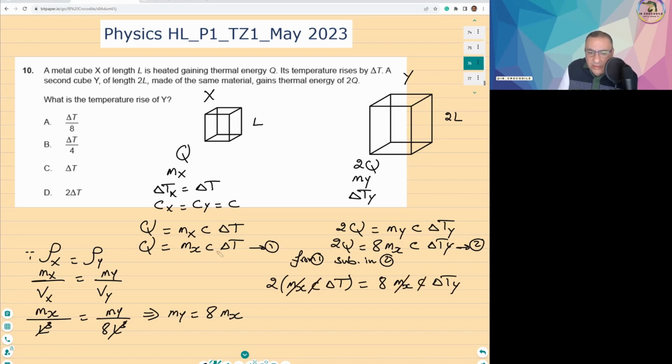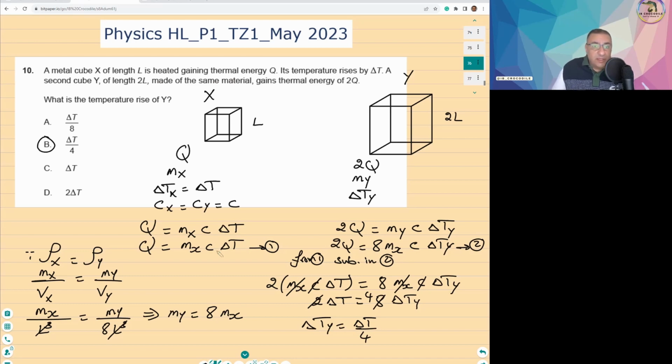So we end up with 2 delta T equals 8 delta T Y, which you can simplify by dividing by 2, giving 4. That means delta T Y equals delta T over 4. So the answer is B.